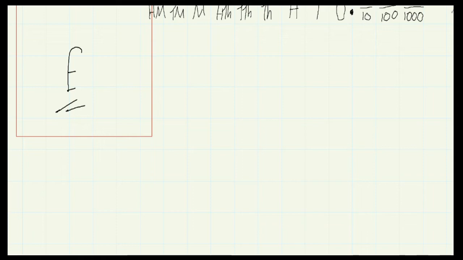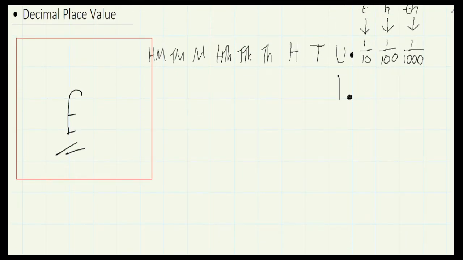So if I said I had a drink for £1.50, my £1 represents my 1 whole pound. And then I've got 50 pence. So I have 50 hundredths of a whole pound, which is basically half of a whole pound. £1, 50 pence. 5 tenths of what makes a whole unit.